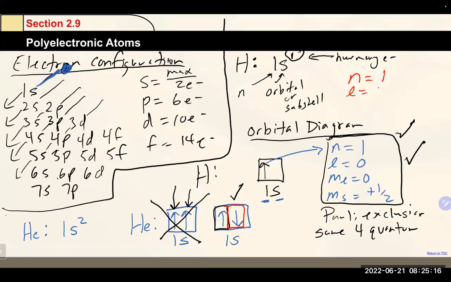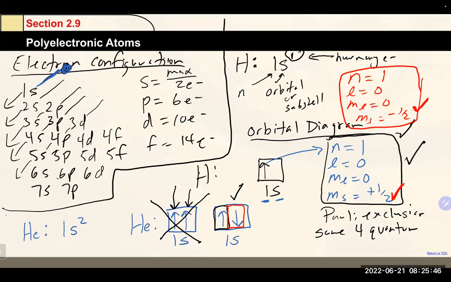L would equal 0 as we're still in an s orbital. m sub L would equal 0. But in this case, the electron is pointing down, which means it gains the negative 1/2 spin. And it is that little difference in the spin of those two electrons that makes them have different sets of quantum numbers. And that does not violate Pauli's exclusion rule.